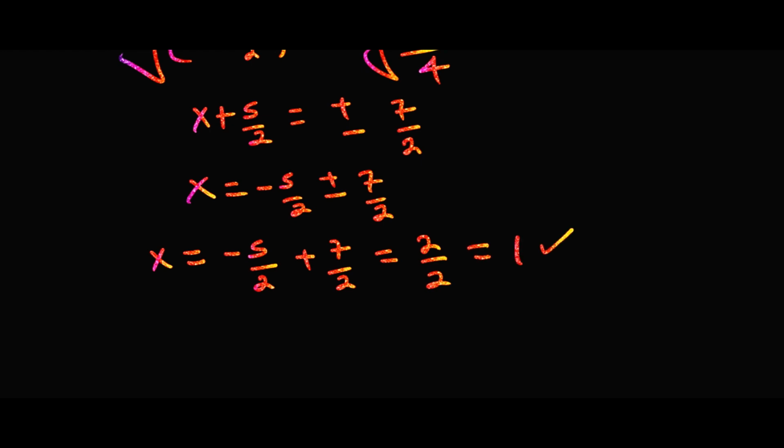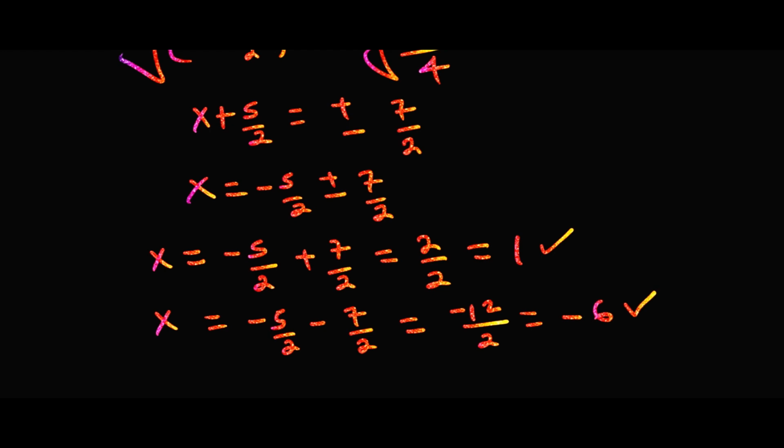And the second value of x will be when we take the negative value. So minus 5 over 2 minus 7 over 2. Again, the denominators are the same, so we only deal with the numerator. So we have minus 5 minus 7, which is minus 12, and that is over 2. And we get negative 6 as the second value of x.